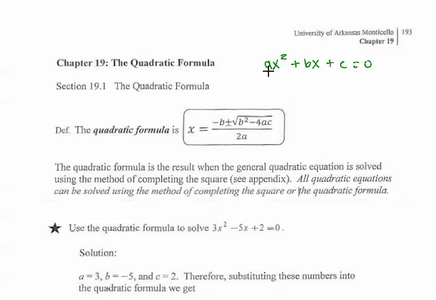And so what happens is we keep these variables here, a, b, and c, and they could represent any real number, and we take them and we follow the completing the square procedure.